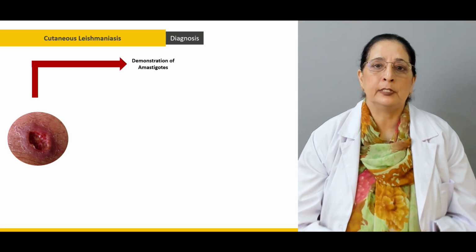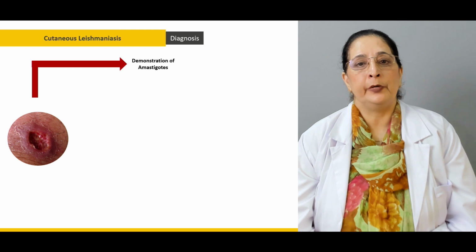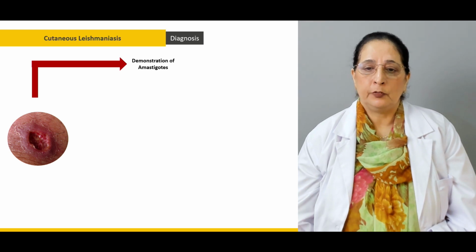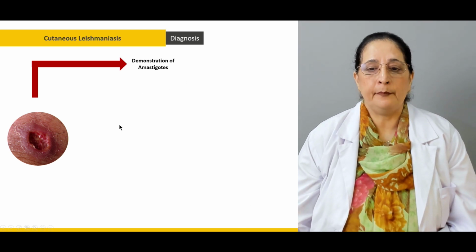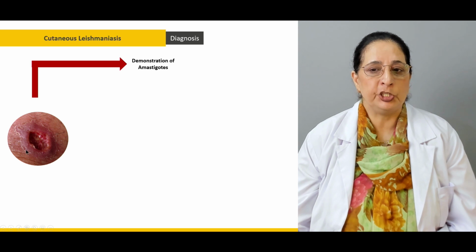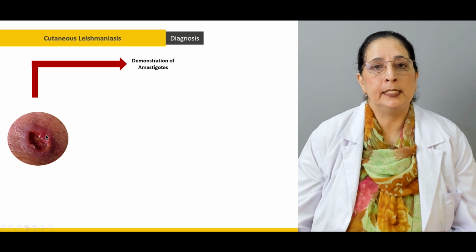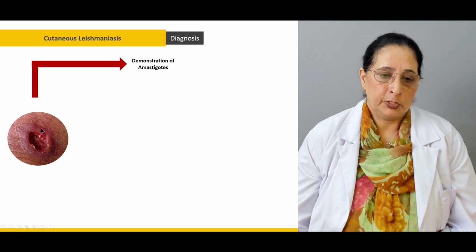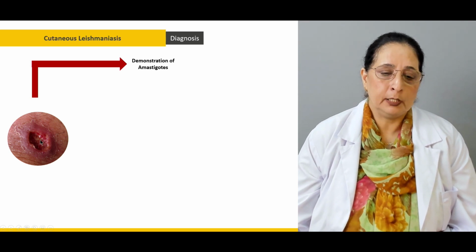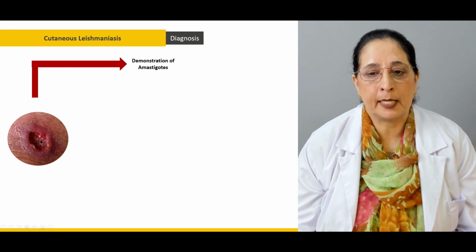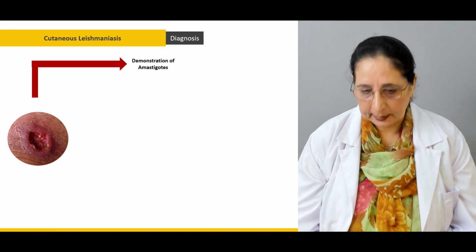We can diagnose that this is a patient with leishmaniasis. So demonstration of amastigote in the lesion is helpful in the diagnosis of cutaneous leishmaniasis. A sample from the lesion that shows the amastigote is diagnostic.